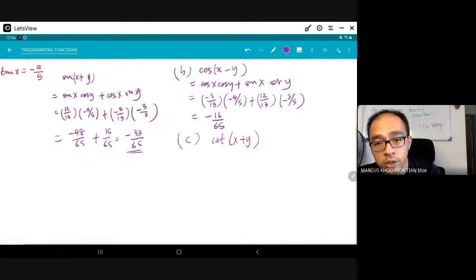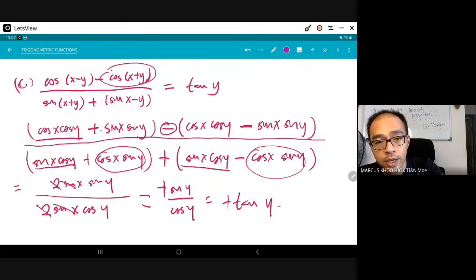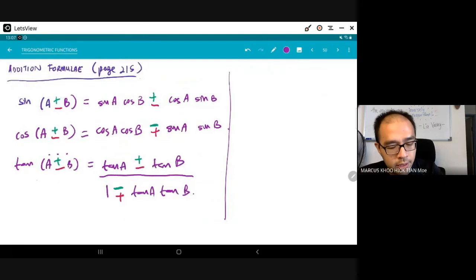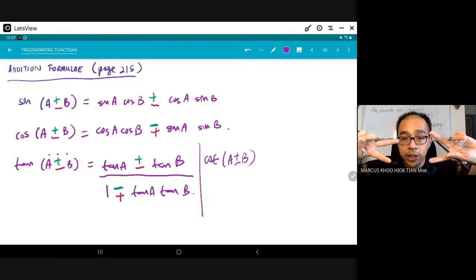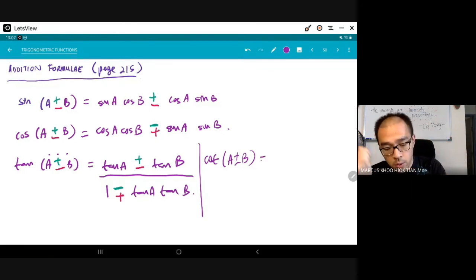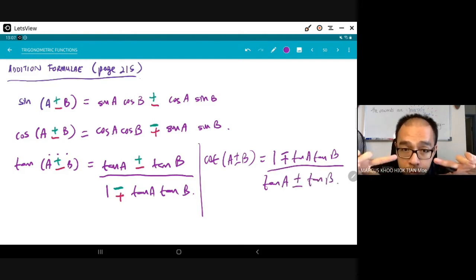Before you do the cotangent, just remember that cotangent is the opposite of tangent. So it's 1 over tangent x plus y. Since we know what the tangent formula is, cotangent of A plus minus B will be the entire fraction flipped around: 1 minus plus tangent A tangent B over tangent A plus minus tangent B. Just flip the whole thing around.